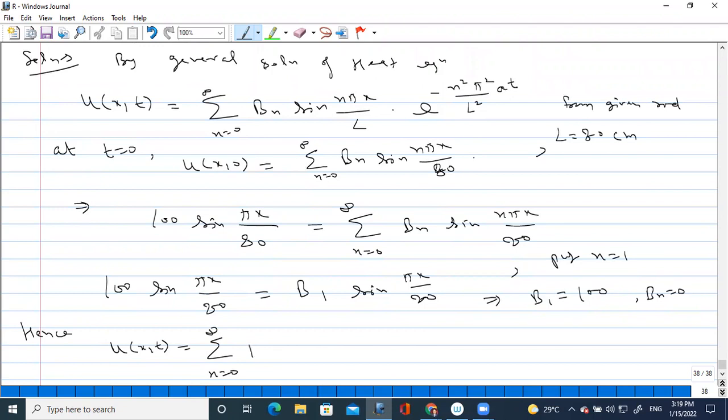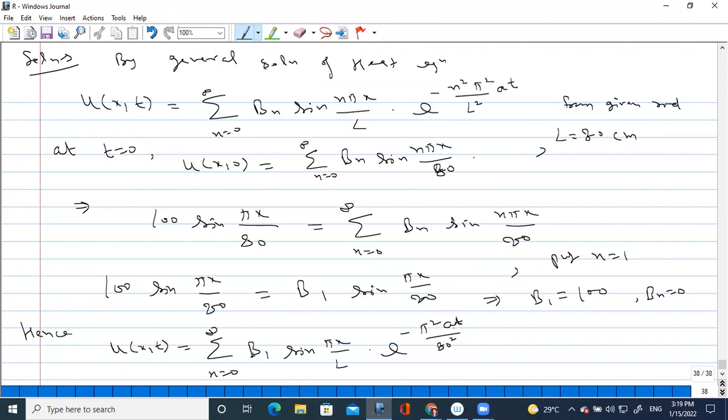So in place of b_n, because n you have to put 1, it will become b_1 sin(pi x by L) into e to the power, n you have to put 1, so it will become minus pi square into 80 divided by L square. L square means 80 whole square. Okay. So this will be your answer.